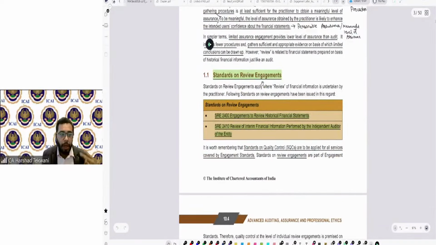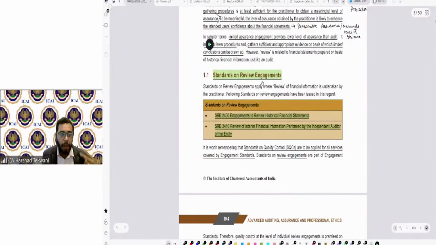SRE 2400 is an engagement to review historical financial information, which covers all reviews, kind of an umbrella standard. SRE 2410 is a review of interim financial information performed by the independent auditor.